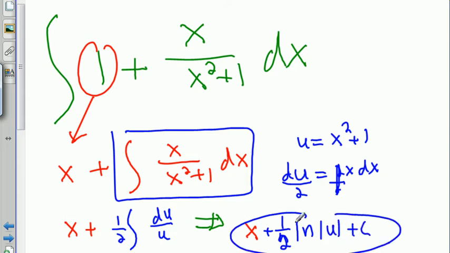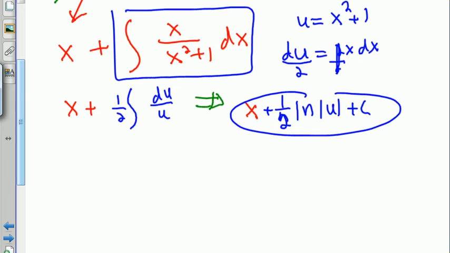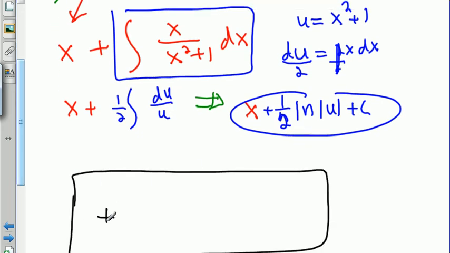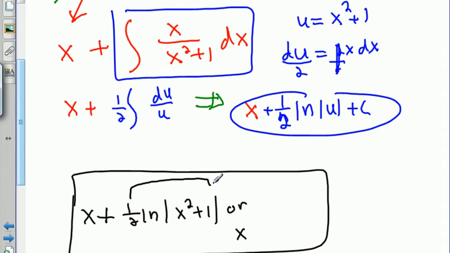Now that would be our answer, however we got to simplify it. So our real answer is going to be x plus 1/2 ln of the absolute value of x squared plus 1. Now you might notice that the book might write some of these answers weirdly. They might actually take this exponent and throw it into there.